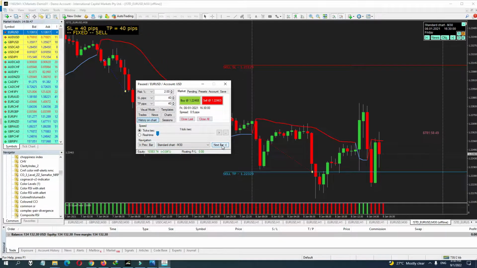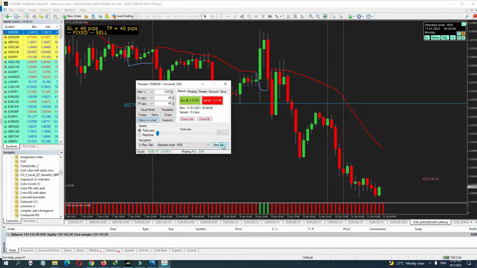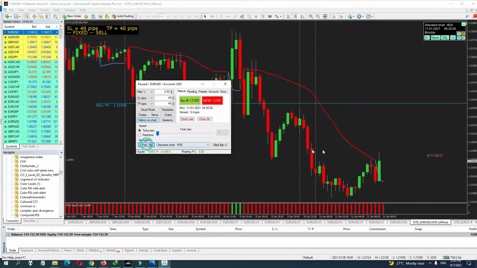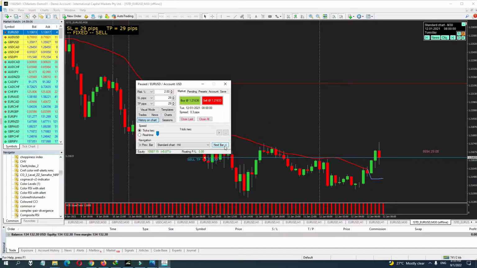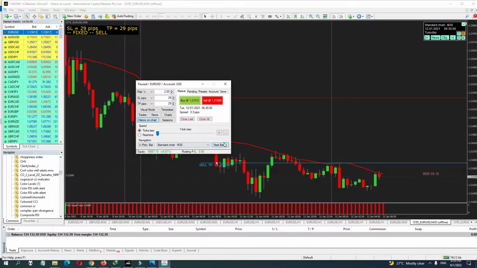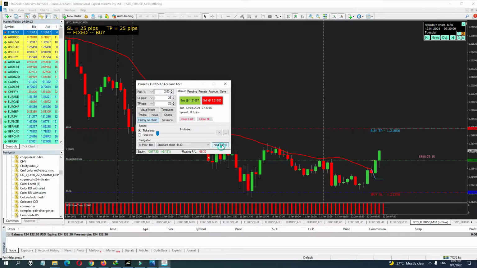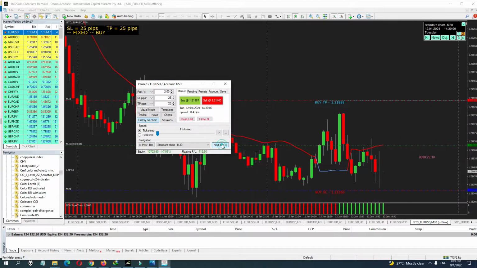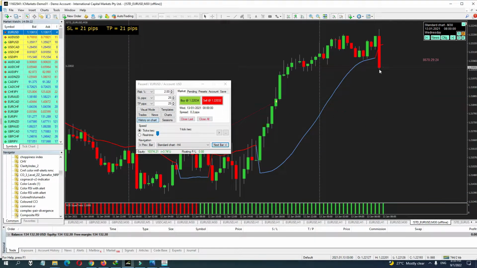Now we don't want the same color. It's SSL buy, so we sell here. All right, we sell here. Stop that. We buy here.